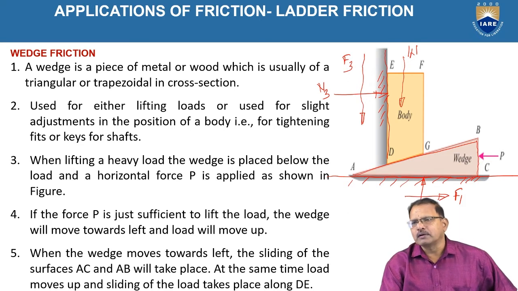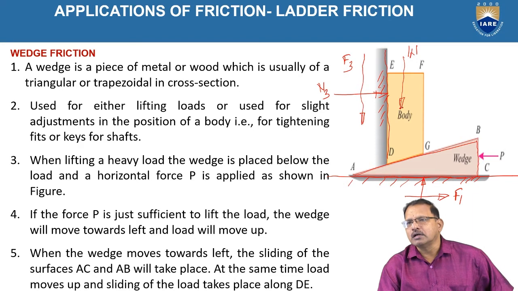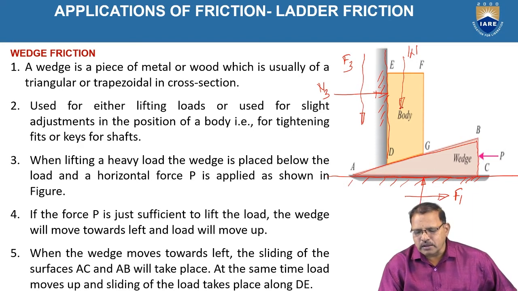Normal reaction is perpendicular to the plane. Similarly, the weight is moving against the vertical wall. The friction force is acting in downward direction, F3. Normal reaction is N3. The weight is acting in downward direction and passing through the center of gravity of the body, DEFG.